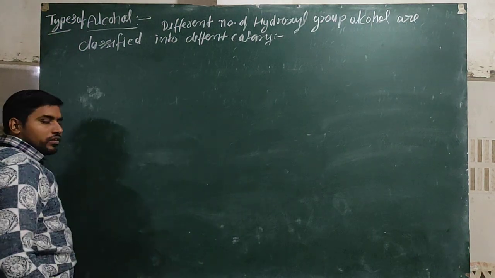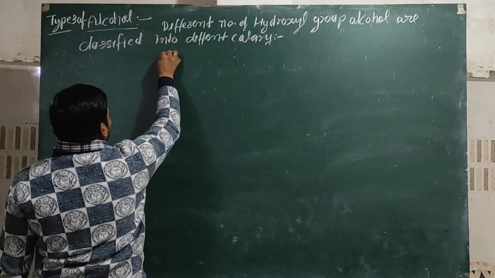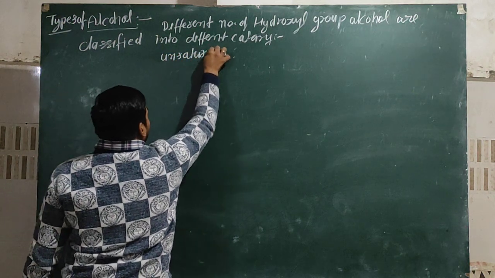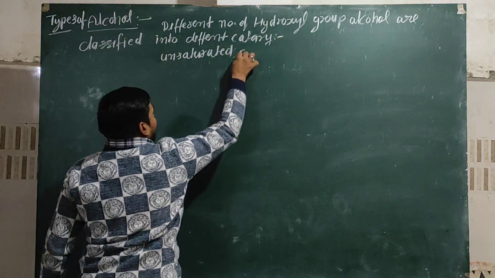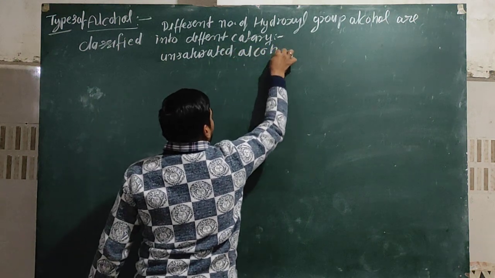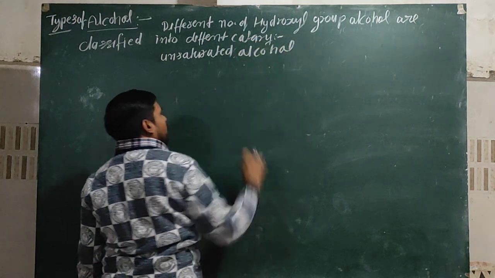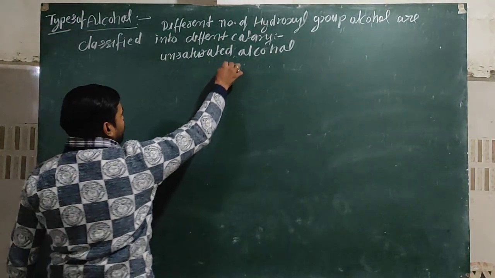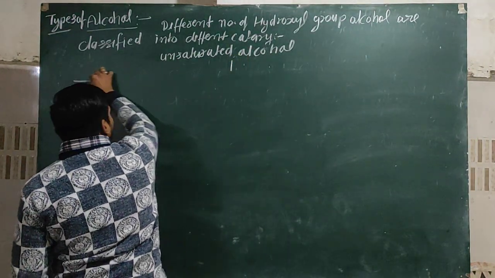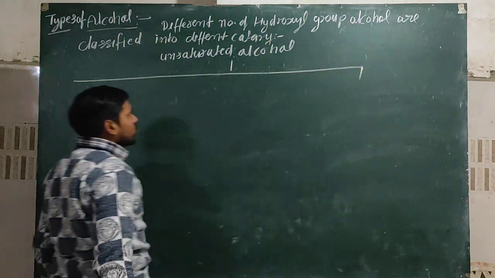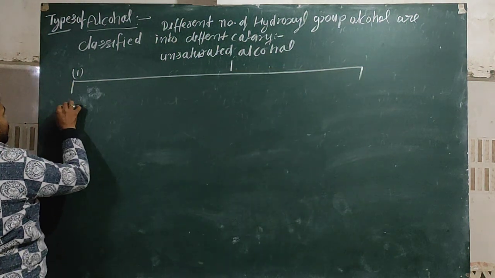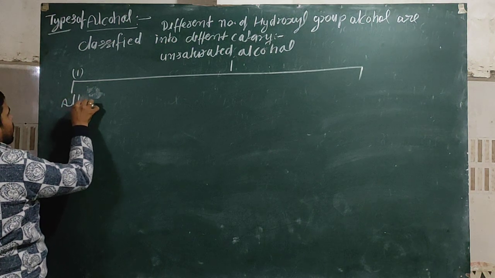Our next category is according to unsaturated alcohol. What is unsaturated alcohol? These are classified into two categories. First is known as allyl alcohol.